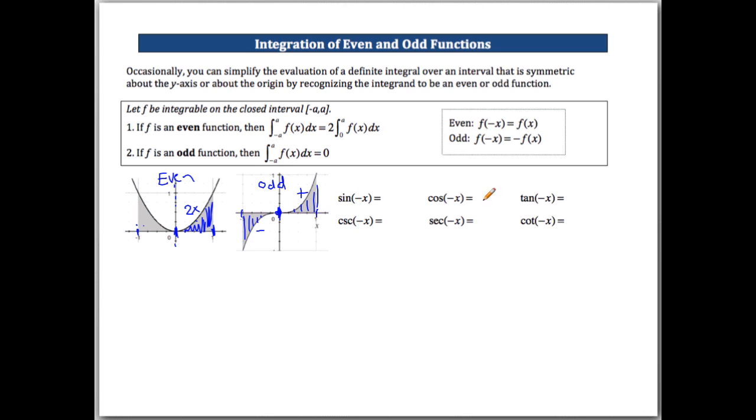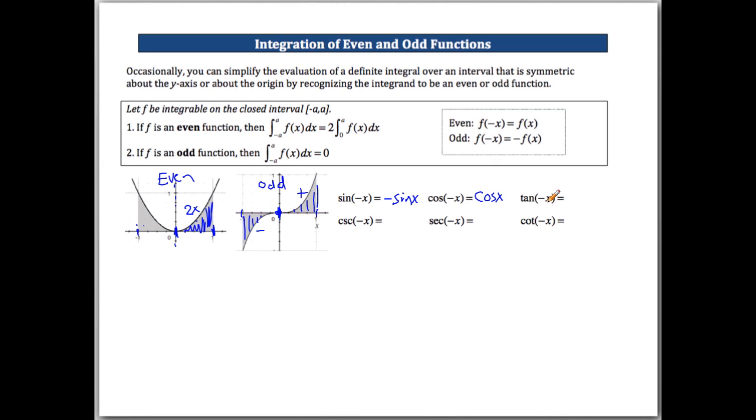Now some other things that we want to look at here that can definitely help us out: sine of negative x equals negative sine x. Cosine of negative x is going to equal cosine of x.